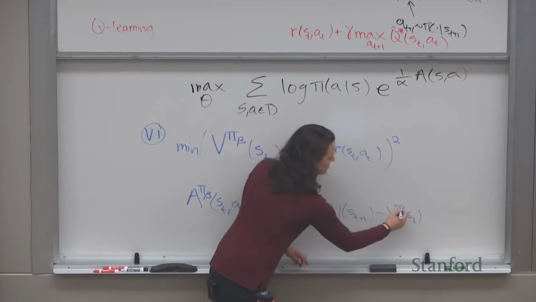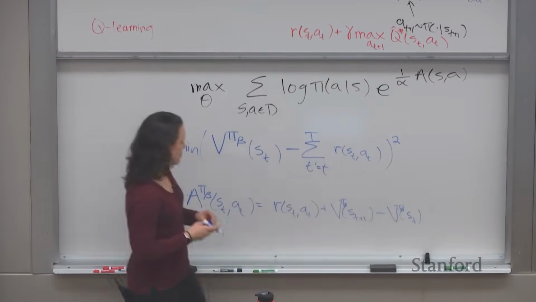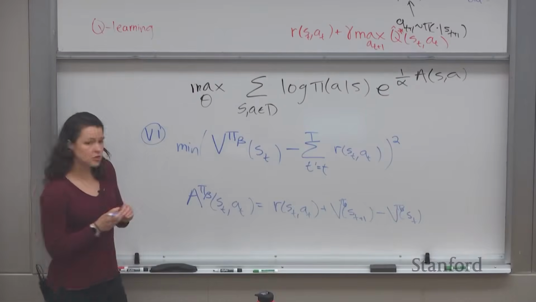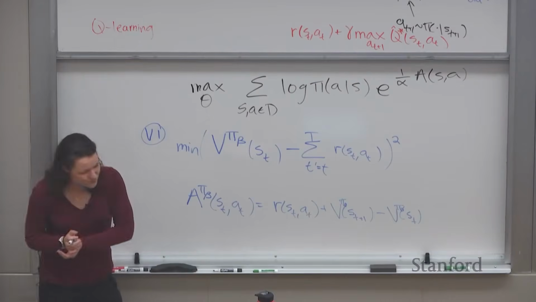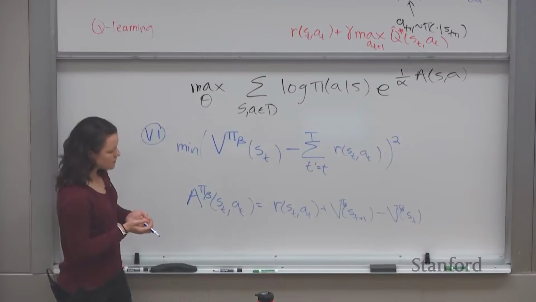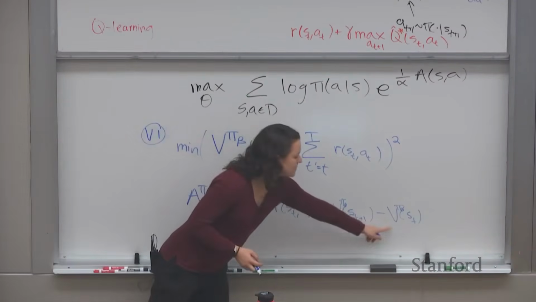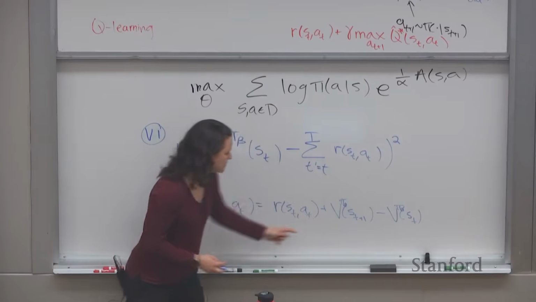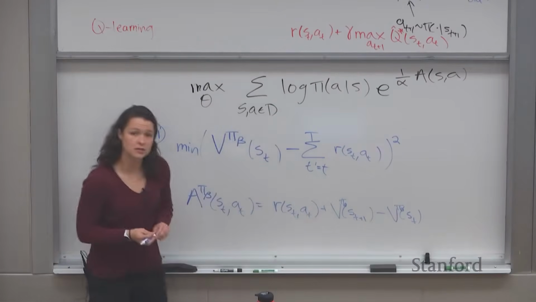And these are all value functions that we just estimated. So you could use this. This is going to rely on having a value function that is fairly accurate, because you're doing a one-step temporal difference between the reward plus the value here minus the value at the current state.